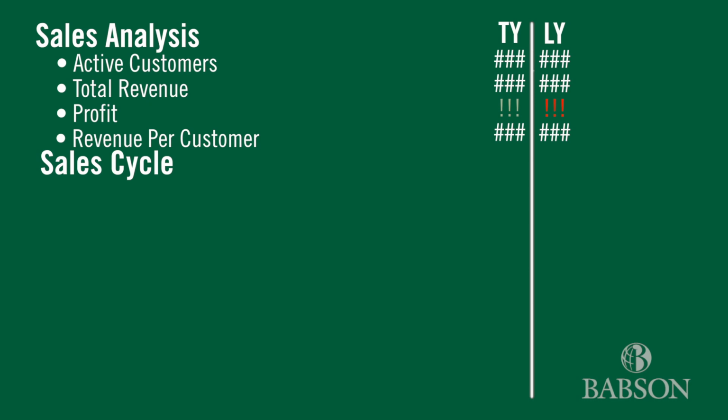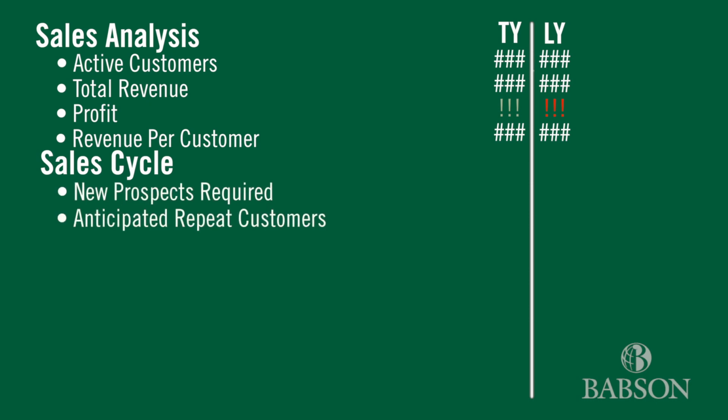Now, let's look at your sales cycle. In this set, there are some numbers that you should be projecting on a regular basis, including new prospects required and anticipated repeat customers. Compare that to the number of prospects in your system. What's the number of new prospects required for next year's sales projections?